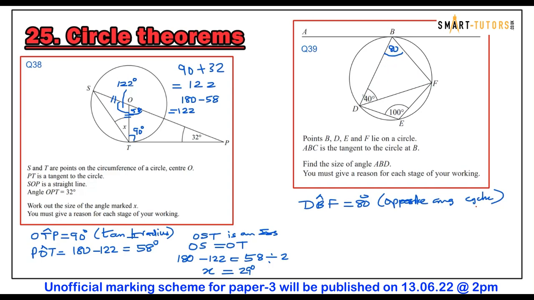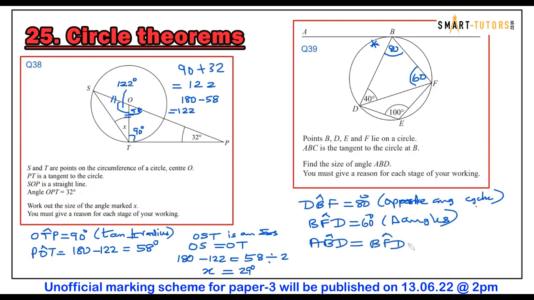Now 80 plus 40 is 120, and you can easily find this 60, right? So therefore, reason it out. BFD is going to be 60 degrees, using the angles in a triangle, so you need to write out the reasoning sentences. Now it's the alternate segment theorem. So this angle ABD is equal to BFD.